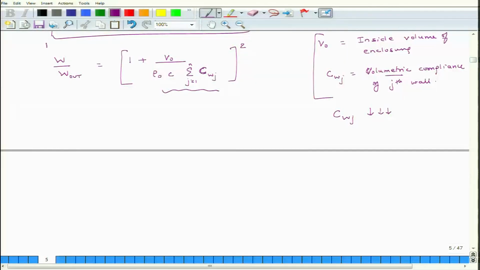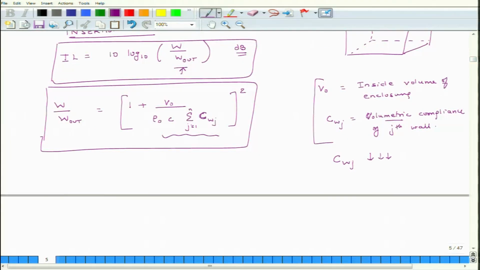So, this is the general relation for all small acoustical enclosures, and for these enclosures we can easily calculate the internal volume V naught. We know the density of air inside the enclosure.